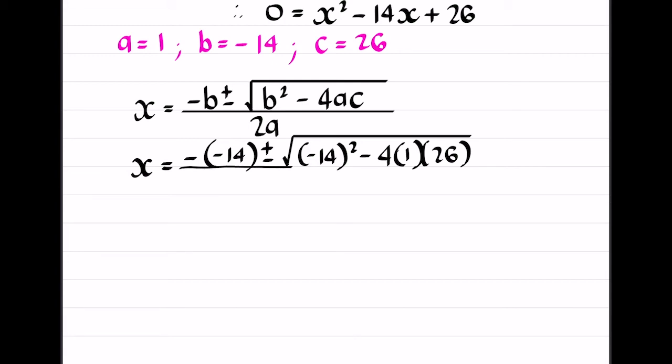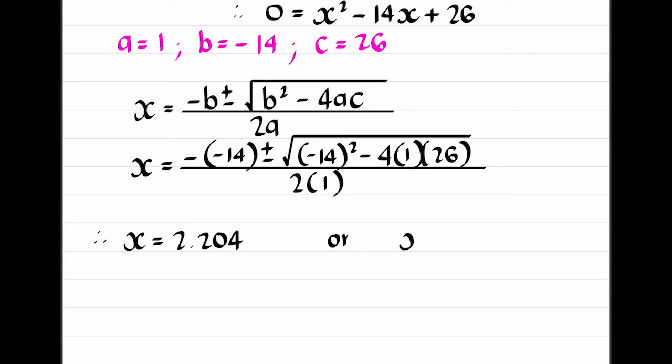And that is all divided by 2a, so 2 times a is 1. So I can just type that into my calculator, correct to 3 significant figures. x is therefore equal to 2.204, or x is equal to 11.796.